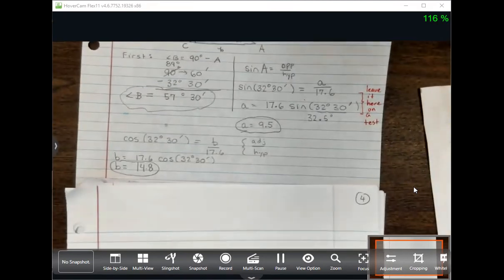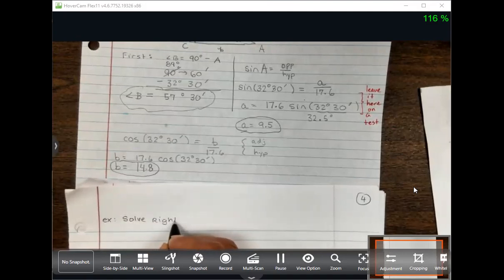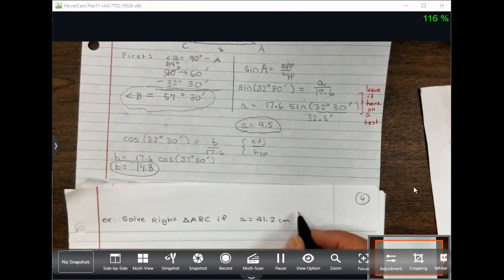In my next example, I want you to find or solve the right triangle ABC if you're given little a equal to 41.2 centimeters and little c is 60.5 centimeters.